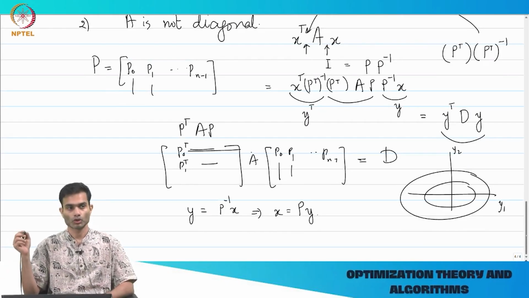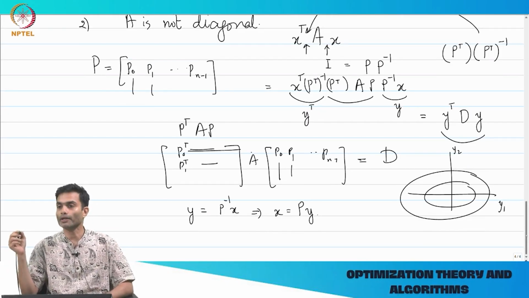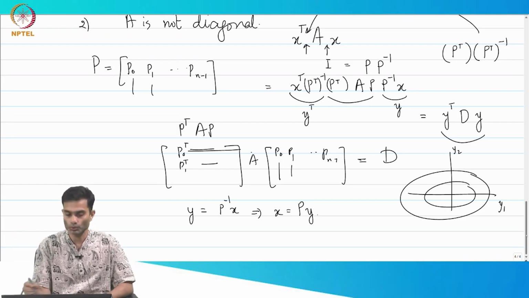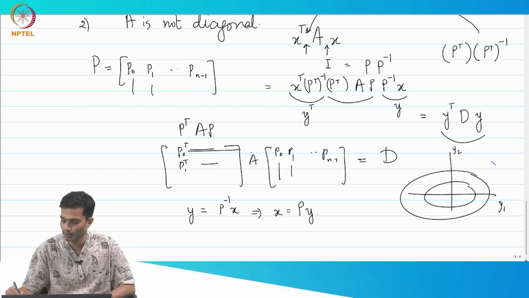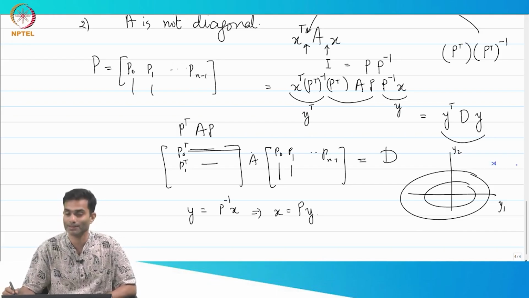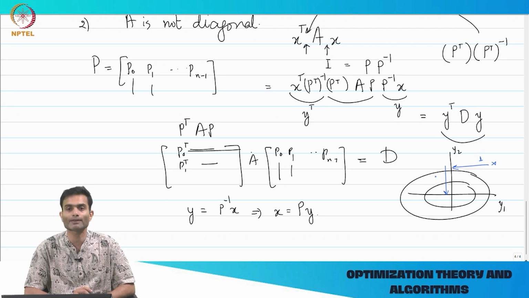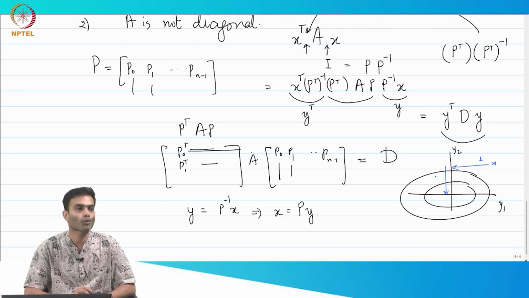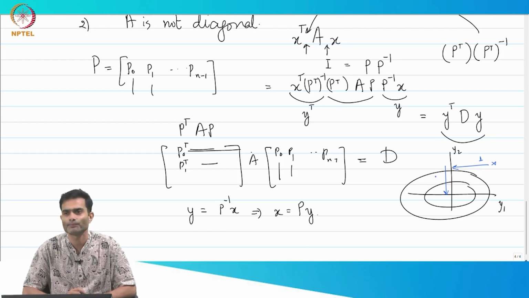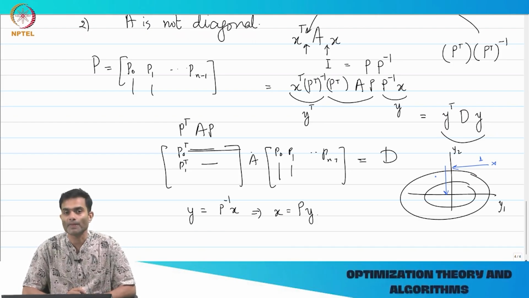Okay. So in the Y coordinate frame, supposing now I am solving this problem in the Y coordinate axis, this is exactly like case 1, right? First do this, then do this, right? So a step along the Y1 axis is what step in the X space?